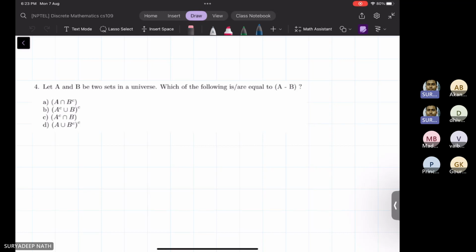So this is question number 4, and we have been asked: let A and B be two sets in a universe. Which of the following is equal to A minus B? So again, let me first draw the set.